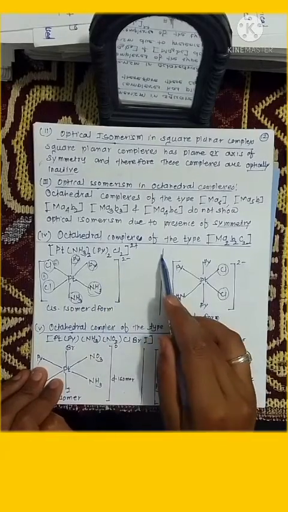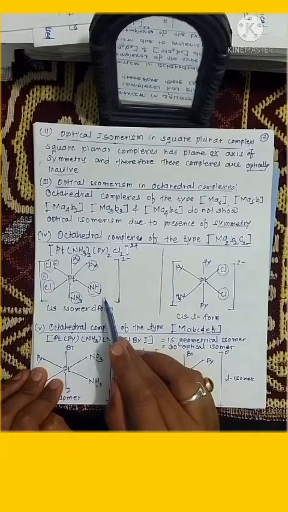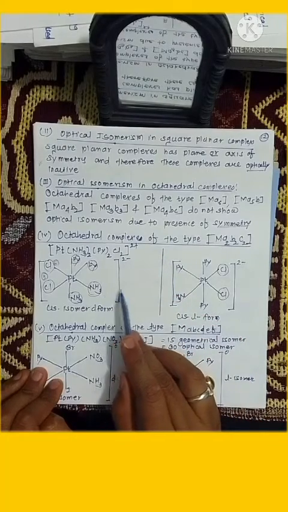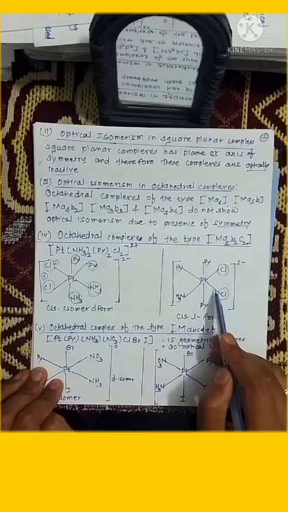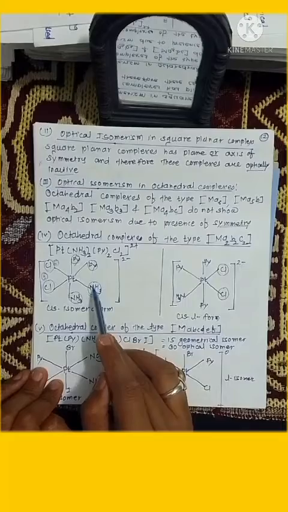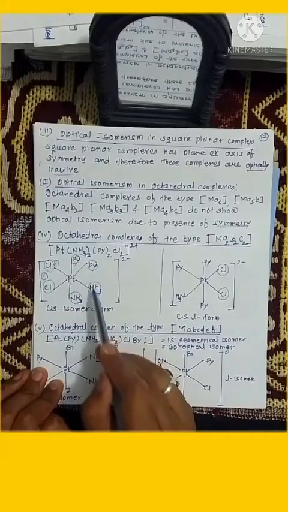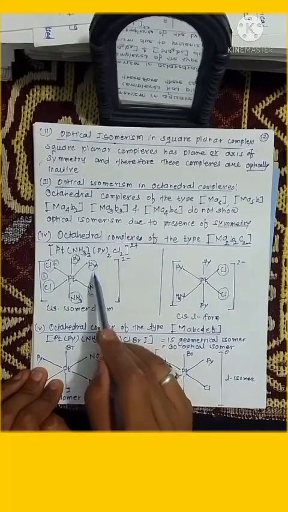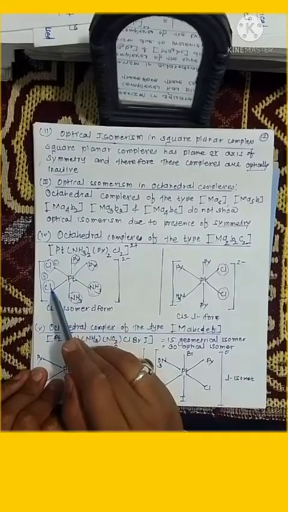Draw the mirror in front of this complex and draw the L form of this complex. While writing the L form of this complex, obviously the position of these 2 chlorine atoms is shifted towards the right, and the right hand side ligand is shifted towards the left hand side.